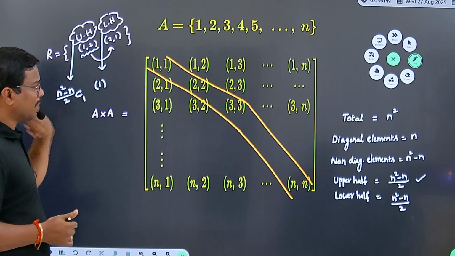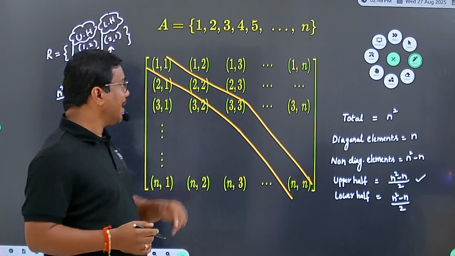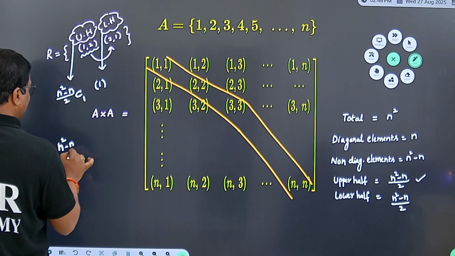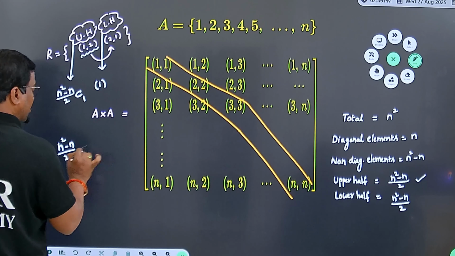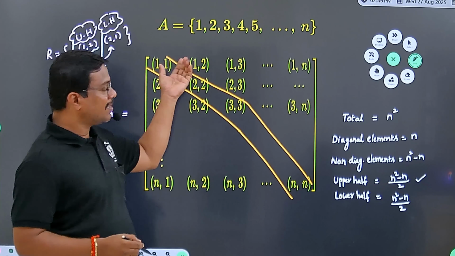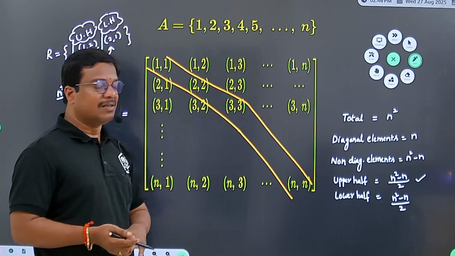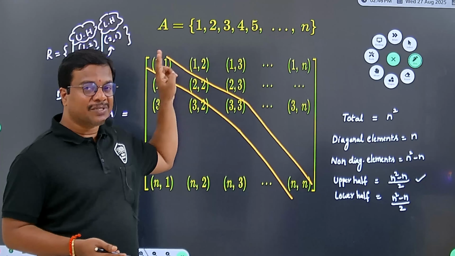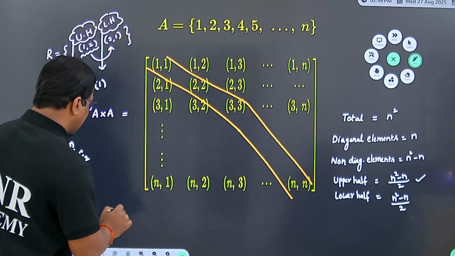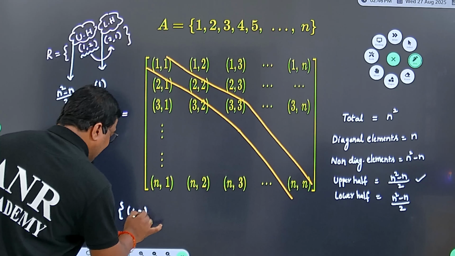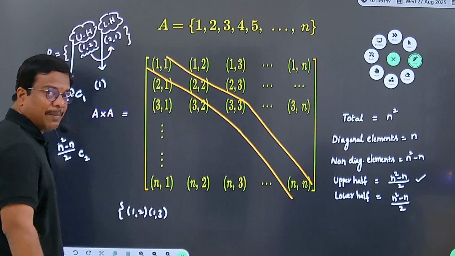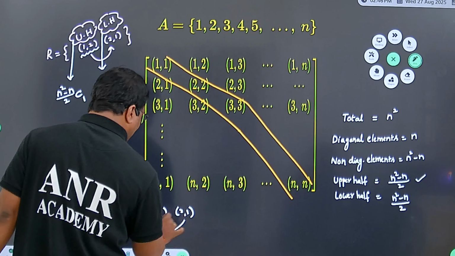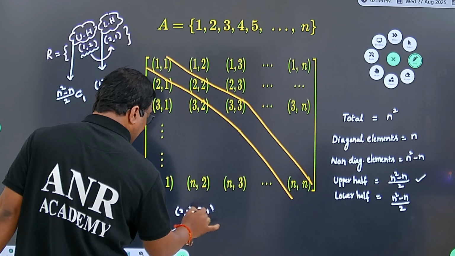Suppose that if you select two entries from the upper half, the chances are (n² − n)/2 C2. You may select the combination 1, 2, 1, 3. What I am saying is, suppose there are two pairs selected from the upper half. For example, if you select 1, 2, 1, 3 from the upper half, automatically from the lower half you have to select 2, 1 and 3, 1.